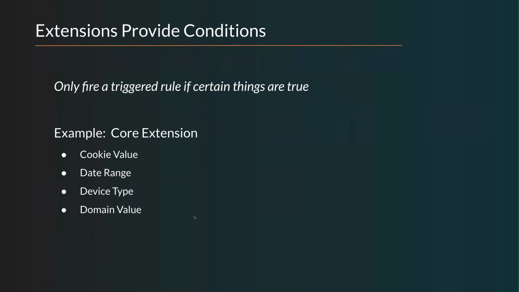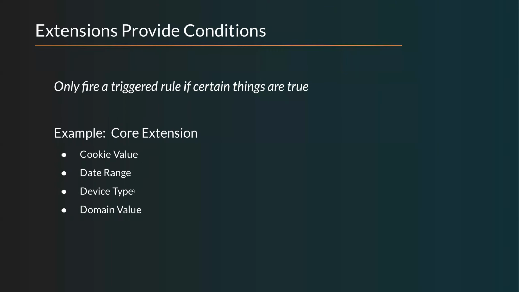Extensions also provide conditions. These are saying only fire this triggered rule if certain things are true. So we can use this extension to narrow down when a rule will actually execute. The core extension provides a cookie value condition: if the cookie has a certain value, then return true.